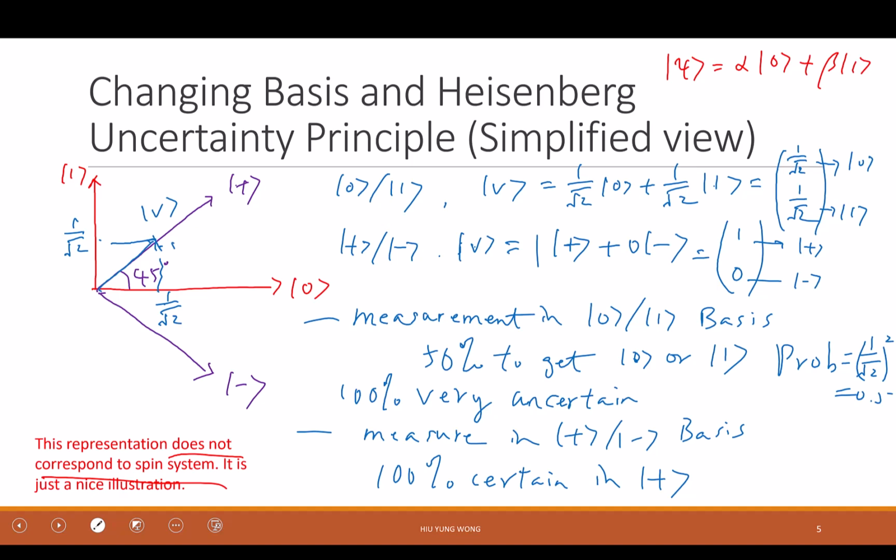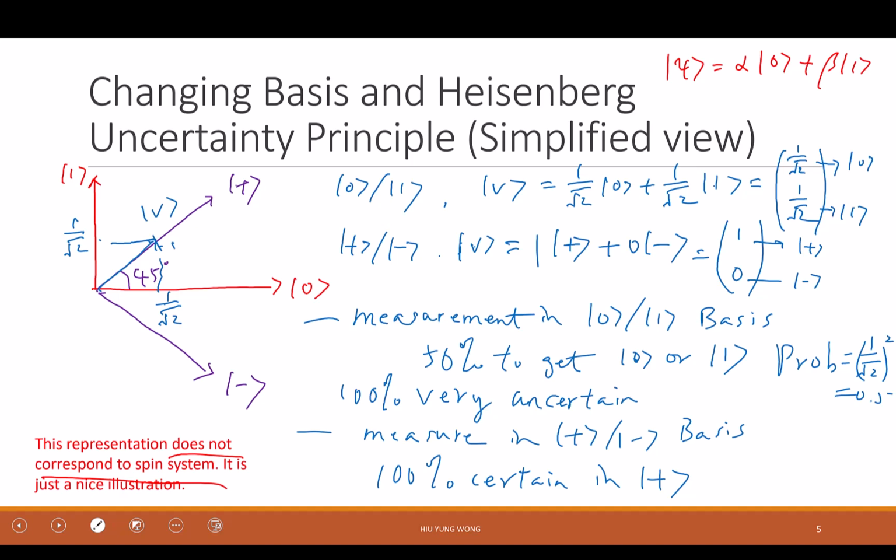Why just limit it to these two? No, there are, but the point is that it happened that in physics, the position and momentum are the so-called conjugated pair. So it's just like this plus and minus. They give you the maximum uncertainty if you want to measure them at the same time.